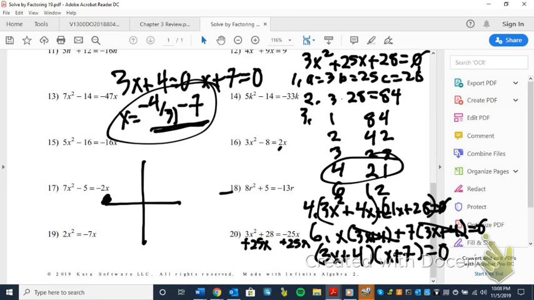So here we have negative 7 and negative 4/3. So the graph would look probably something along those lines. So when we're finding these, it's really important because for about the rest of the year, we're going to be talking about isolating things and finding zeros and all sorts of fun stuff like that.